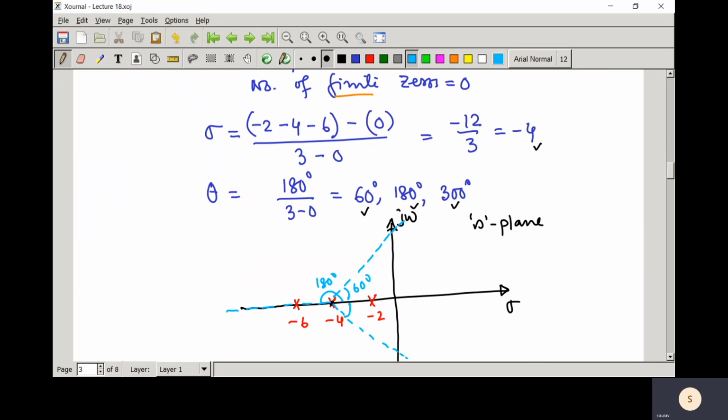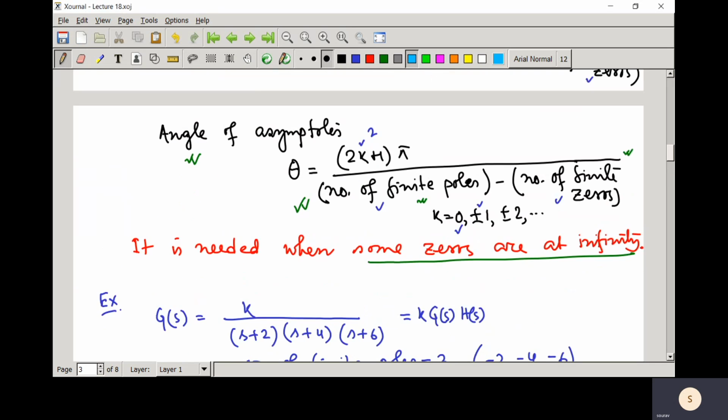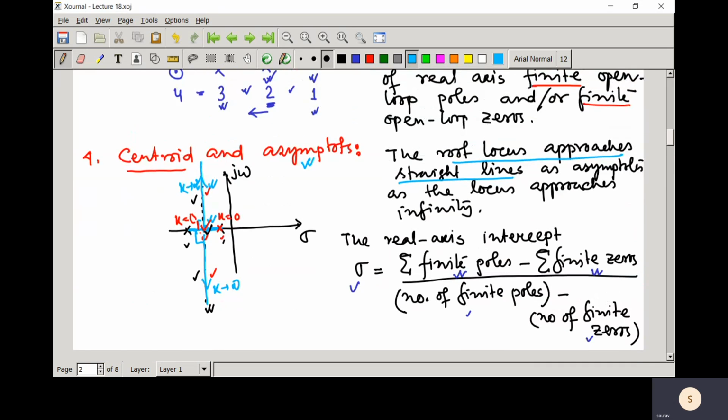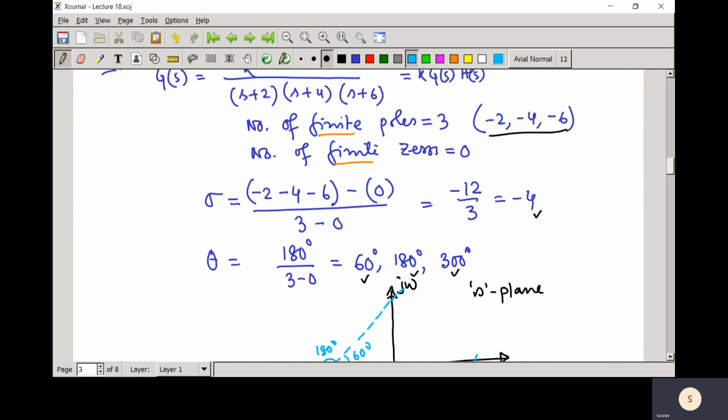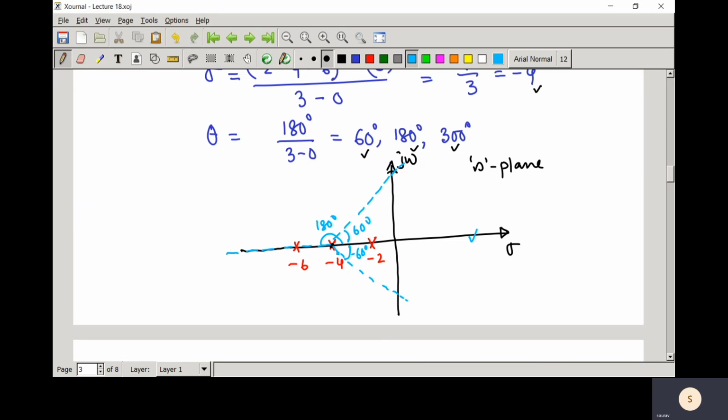That is very easy to understand, because we have already discussed that the root locus is symmetric with respect to the real axis. So applying this particular rule, that fourth rule, we found this part of the root locus. This is the centroid, and there are 3 asymptotes.